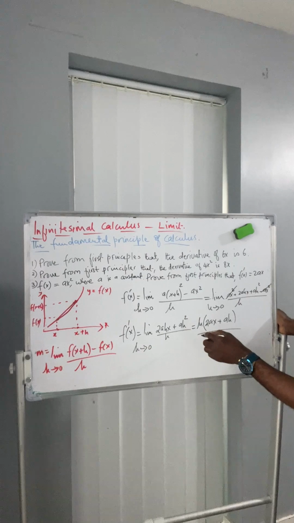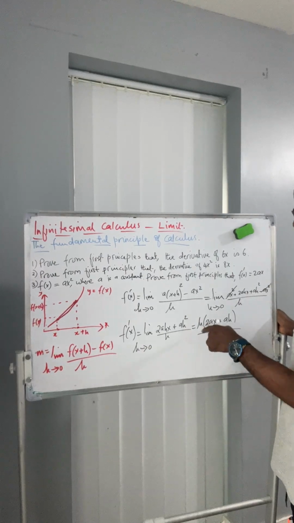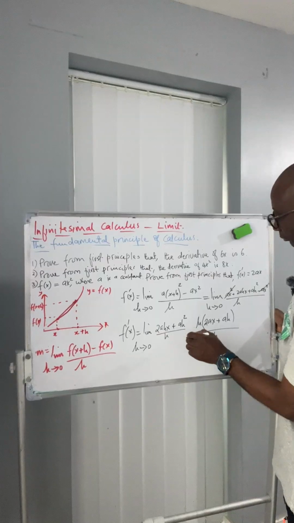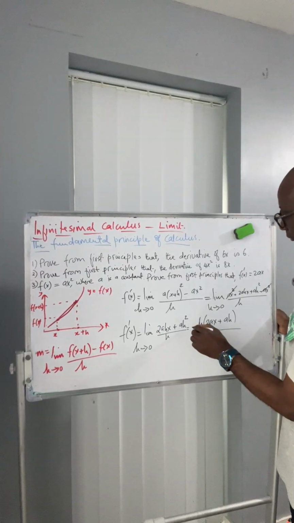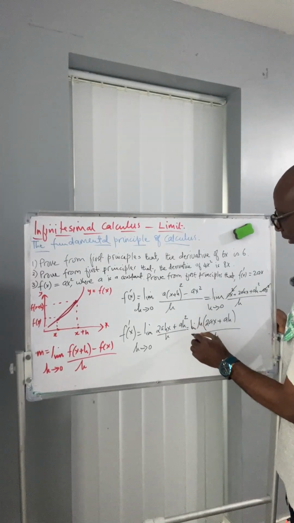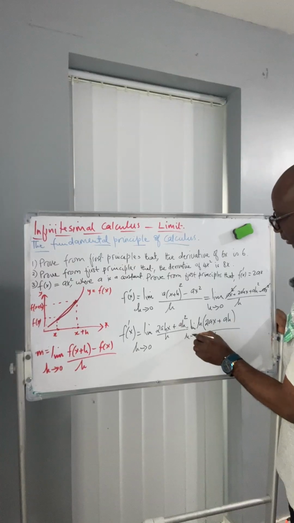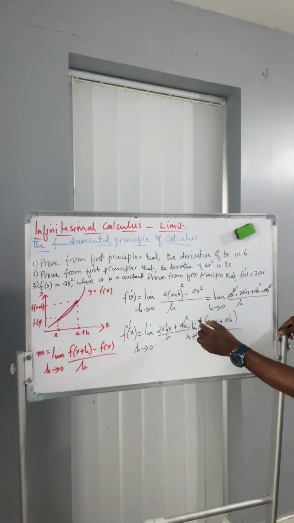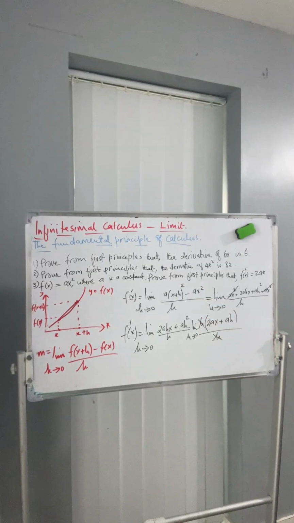Oh, I forgot to write the limit. The limit as h tends to 0, right? So you can see this h will cancel this h. So what is left? You now have 2ax plus ah.